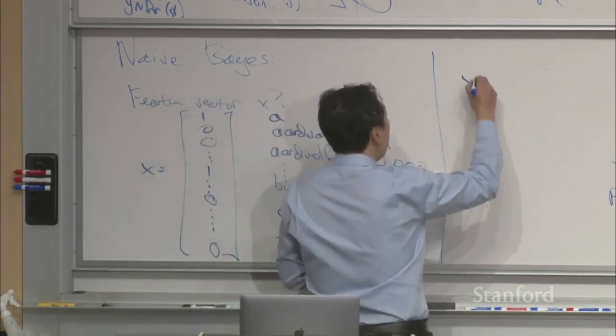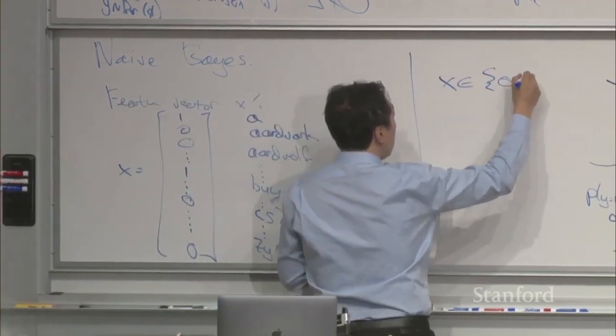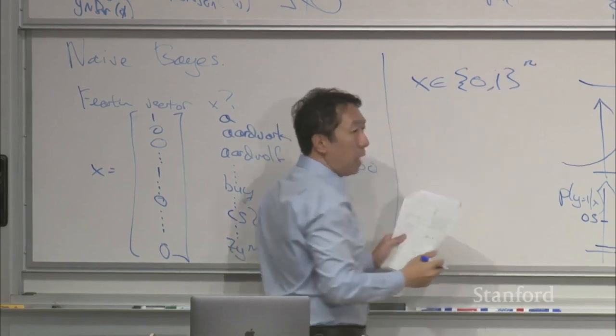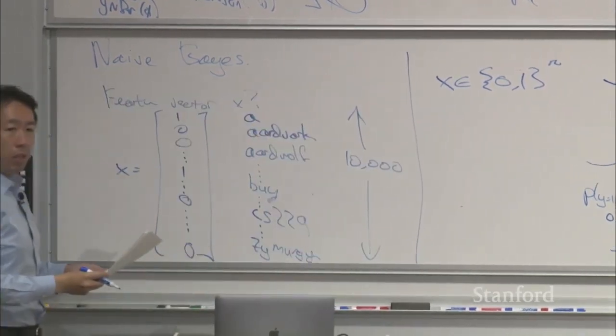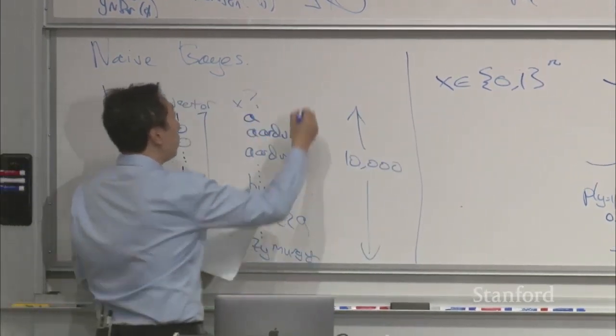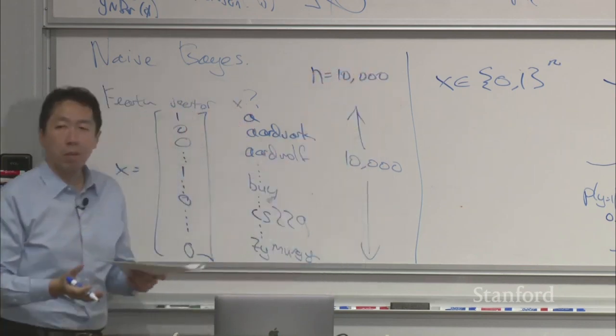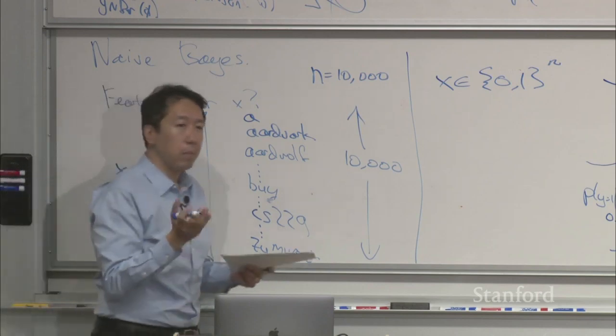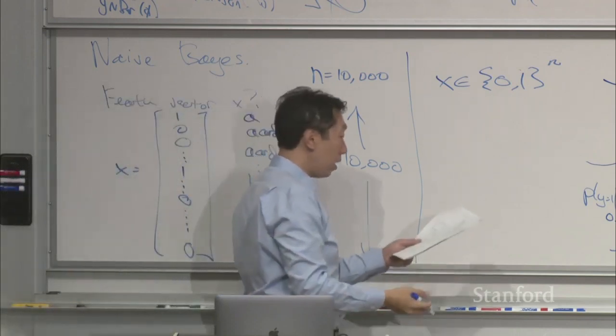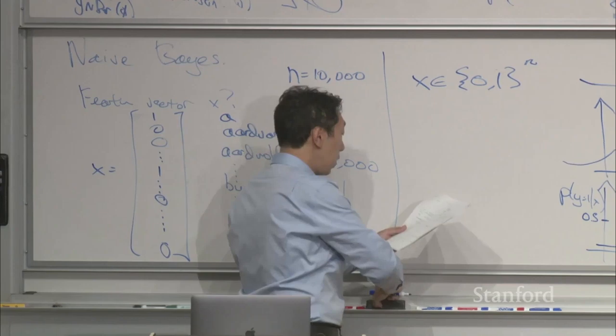And so here, the feature vector is in {0,1}^n, because it's an n-dimensional binary feature vector, where for the purpose of illustration, let's say n is 10,000, because you take the top 10,000 words that appear in your email training set as the dictionary that you will use.